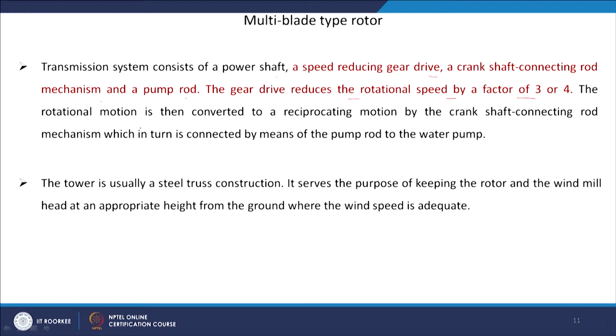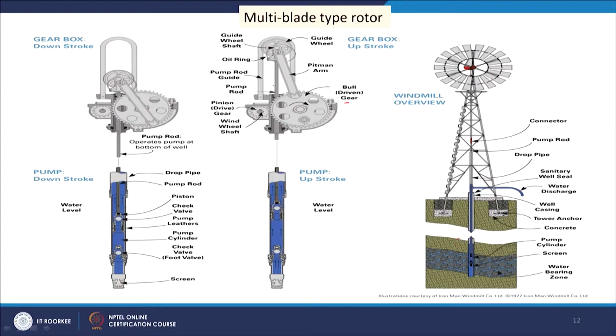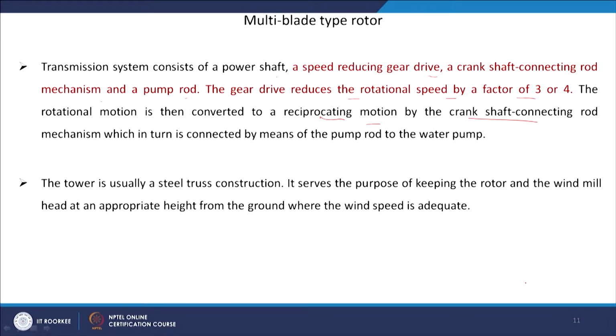The rotational motion is then converted into reciprocating motion by the use of the crankshaft that we have discussed. This mechanism is connected by means of the pump rod to the water pump. So this is the mechanism that was used in the previous days.